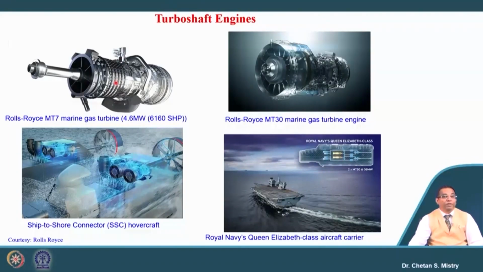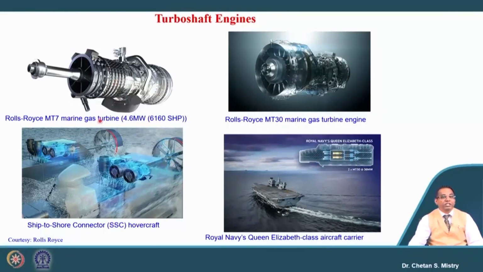Now, you will be surprised that these engines we are discussing are all aeroderivative gas turbine engines. What is the meaning of aeroderivative? That means these engines were initially designed for aircraft purposes, and later the same engine is used for power generation.